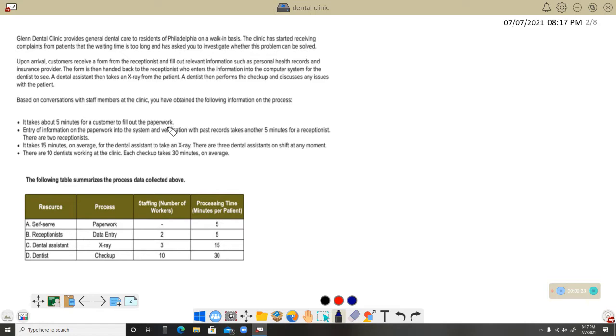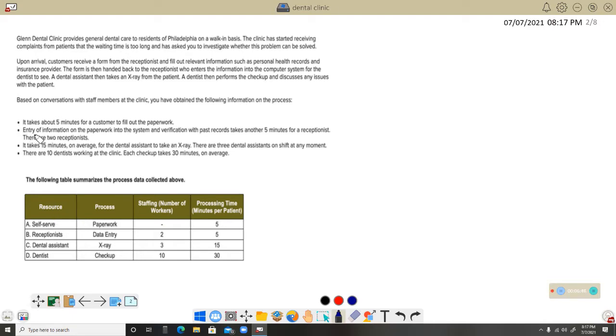Nobody will help you; we need to fill it in. Sometimes some hospitals will fill in the form if the patient is very sick and there is no one else to support. So for the time being, we don't have any staffing or workers in that area. What we call the resource is self-serve.